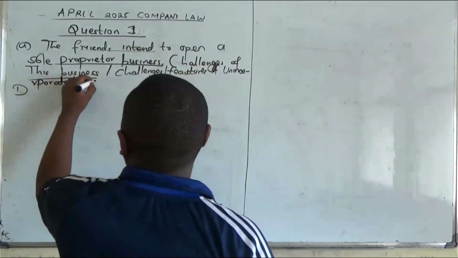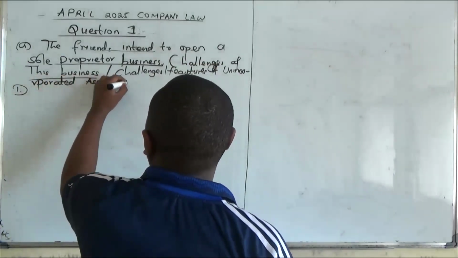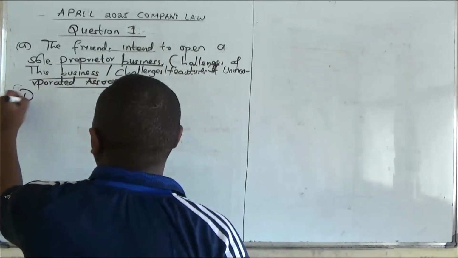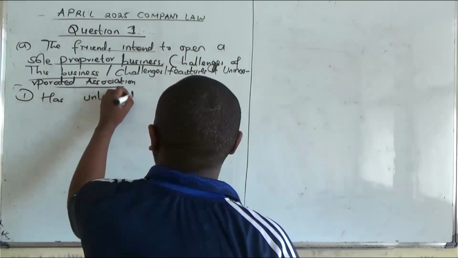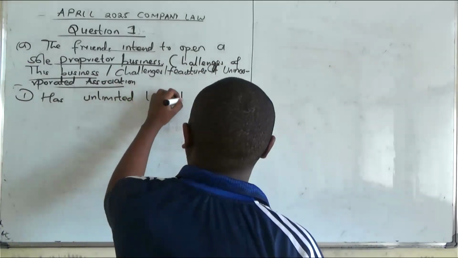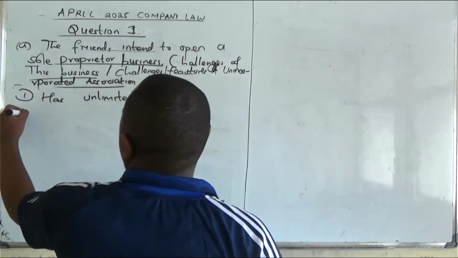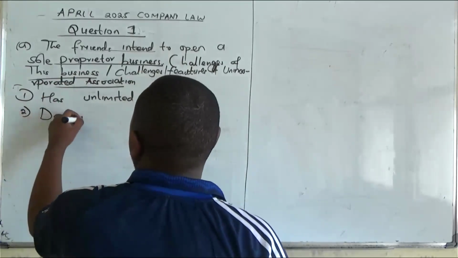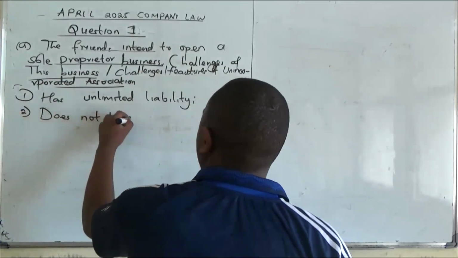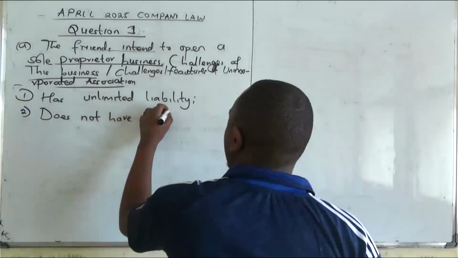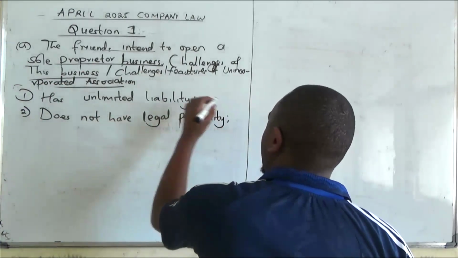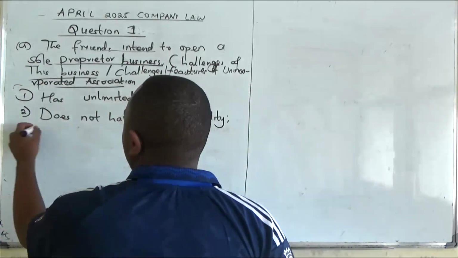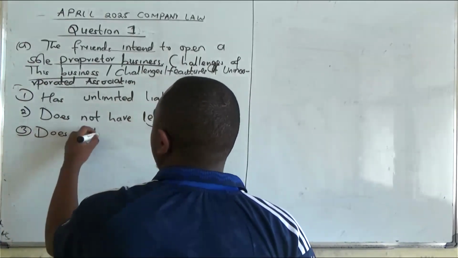Challenges of an unincorporated association. So you'll tell them, 1, it has unlimited liability. 2, it does not have legal personality, so there is no difference between the owner and the business. Another one, it does not have perpetual existence.